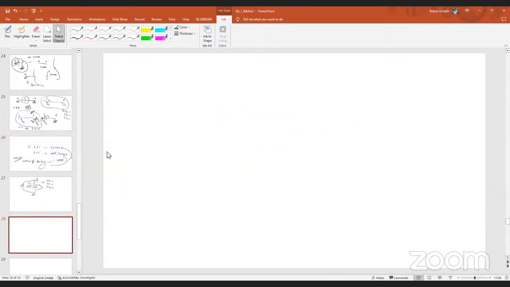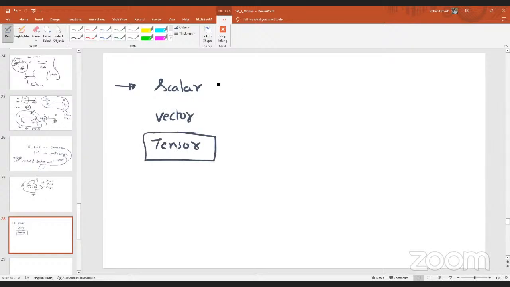Now, let us talk about a last fundamental basic thing. What is scalar? I think you guys might have encountered scalar, vector, tensor. I don't mind you telling me this, but please tell me about these two at least.